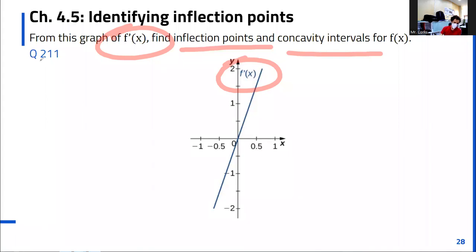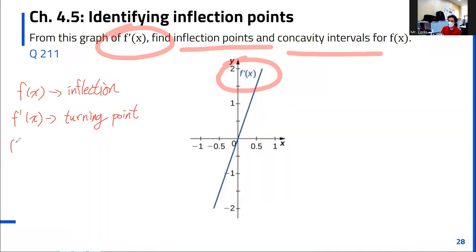Well, so what we did, if we remember, when we wanted to find an inflection point, we said, well, if f of x has an inflection point, then our first derivative has a turning point, and our second derivative here is 0.